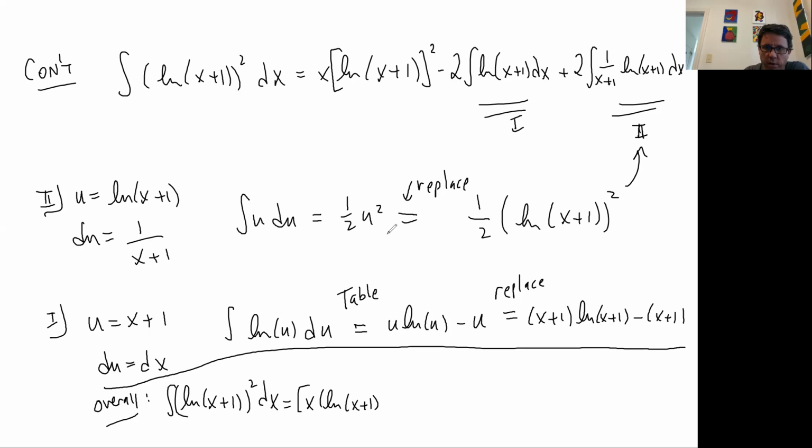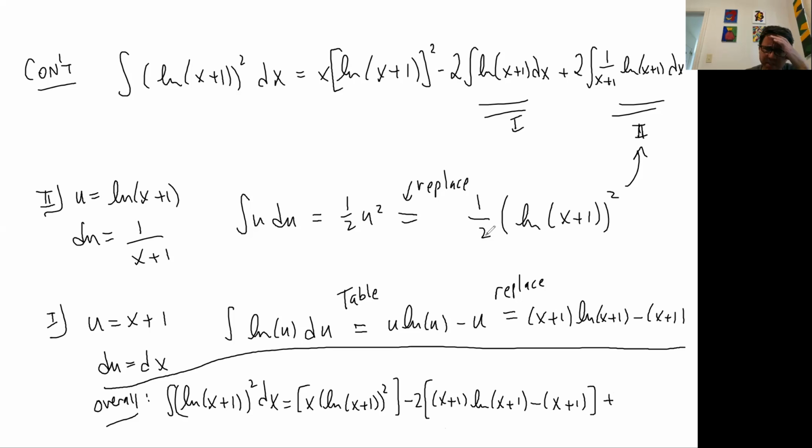So the square is only on that. And then I will have minus 2 times the answer for integral 1. So I have minus 2 times this integral, x plus 1, natural log of x plus 1, minus x plus 1. So all I do is just take this, it gets a minus 2 factor on it. And then finally, the last one has a 2 factor on it.